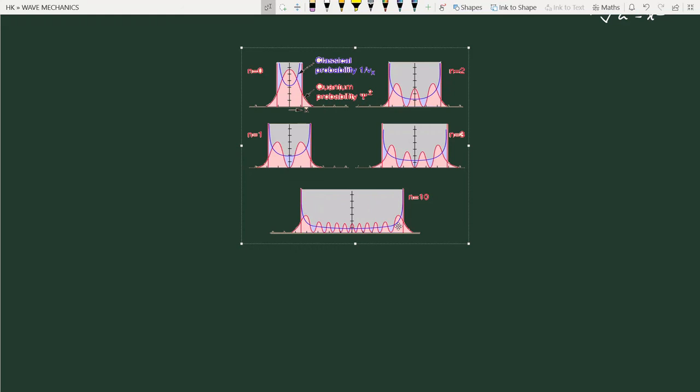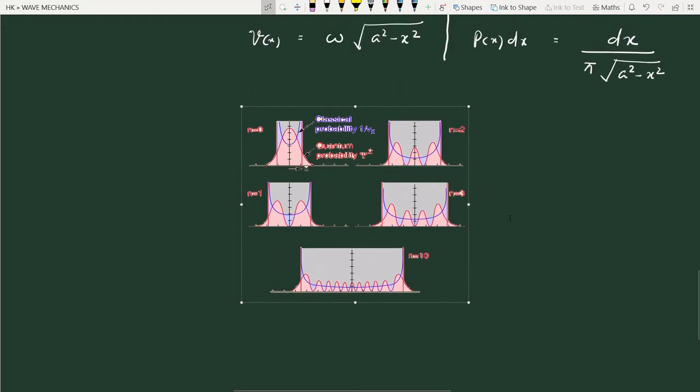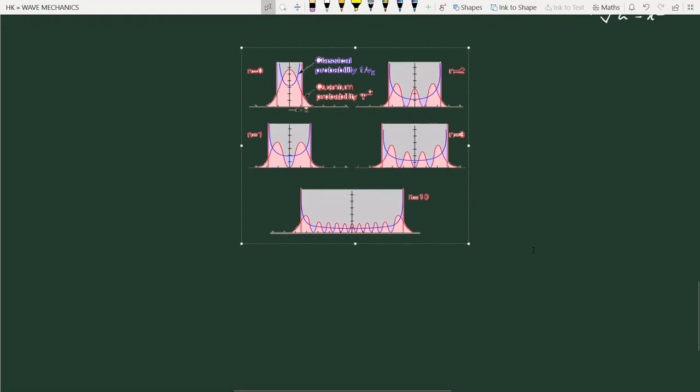We discussed this correspondence principle while we were discussing the Bohr atom model, I think. So here also this is another illustration of the correspondence principle. Even though generally the probability of the quantum oscillator differs from that of the classical oscillator, as n increases, it approaches that of the classical oscillator, because the large n region is the classical domain.